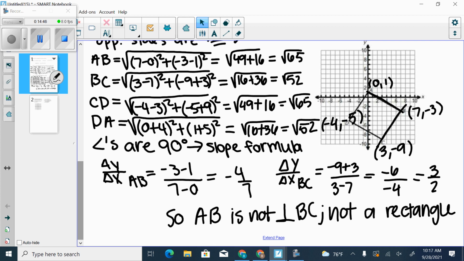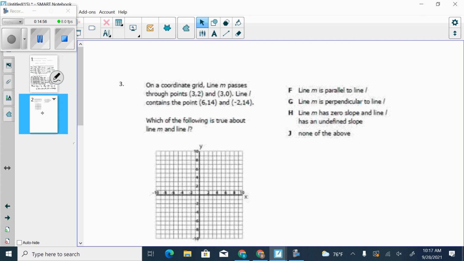So it was some type of quadrilateral, just not necessarily a rectangle. Okay, flip it over onto the back.